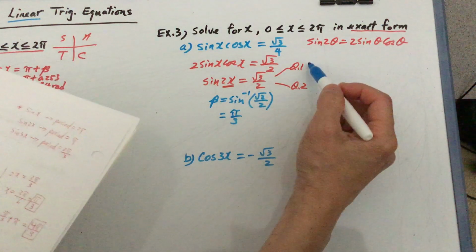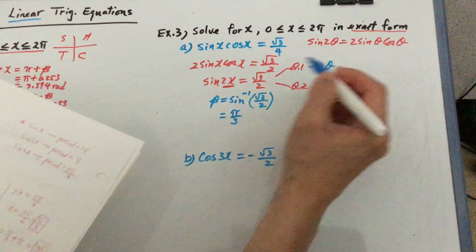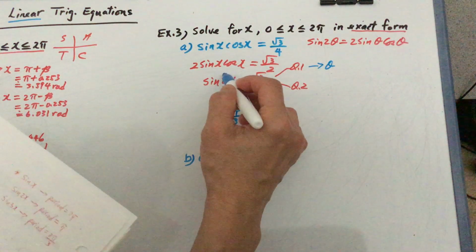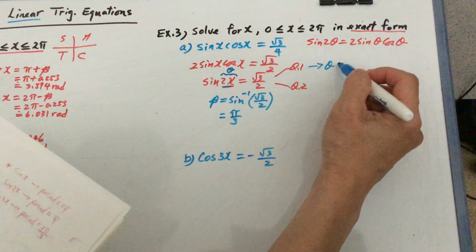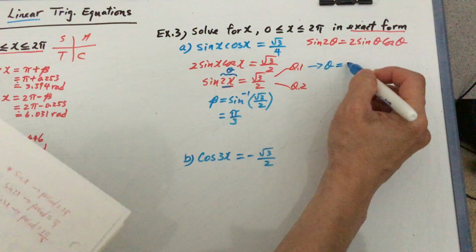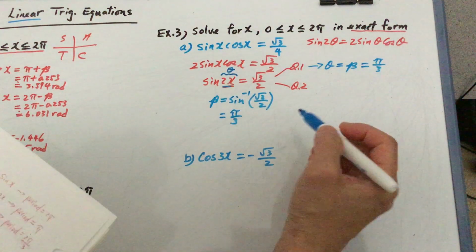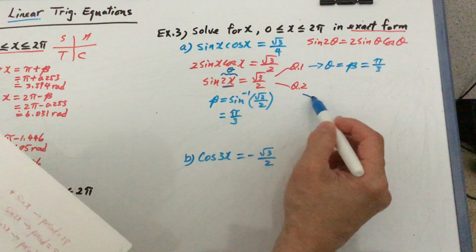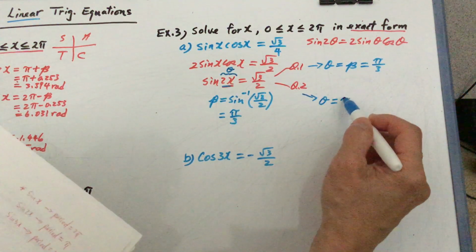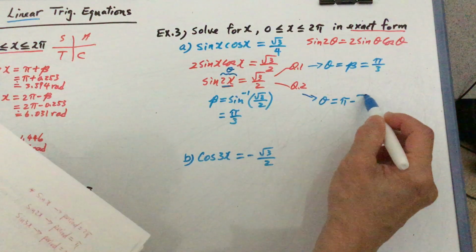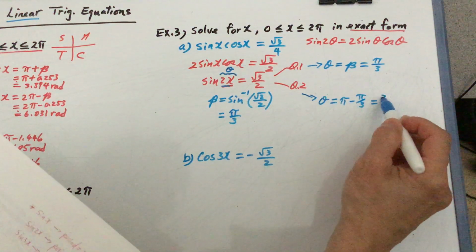So in quadrant 1, my principal angle theta, which is the 2x right now, is the same as the related acute angle, pi over 3. But in quadrant 2, my theta is equal to pi minus pi over 3, which gives 2 pi over 3.